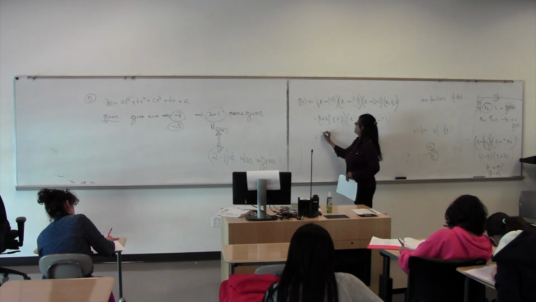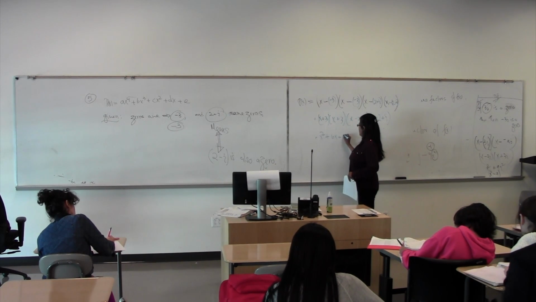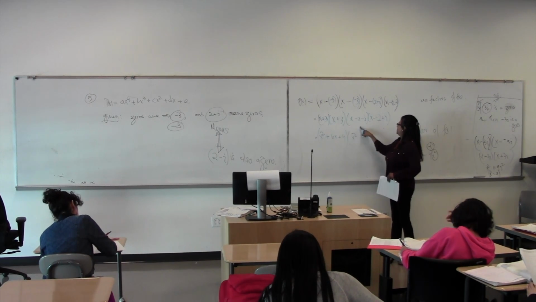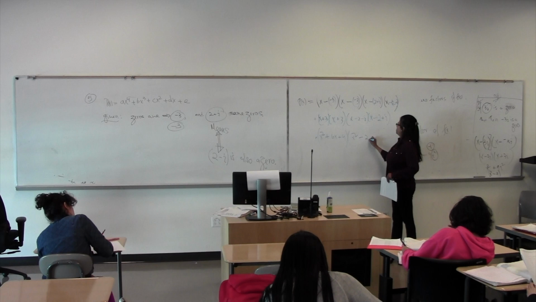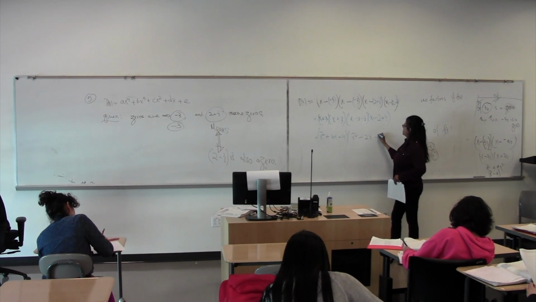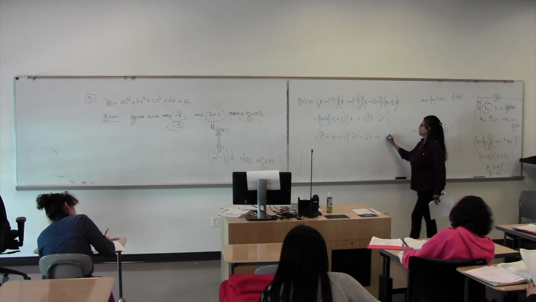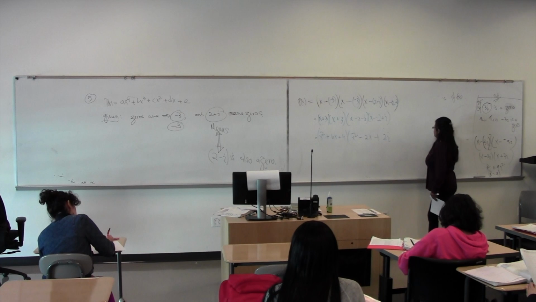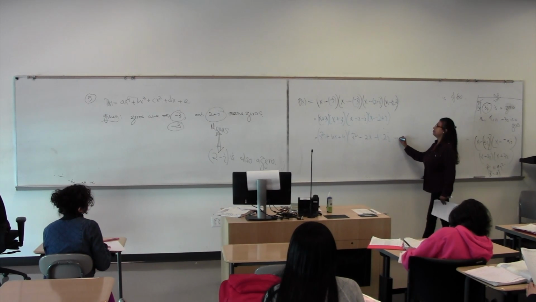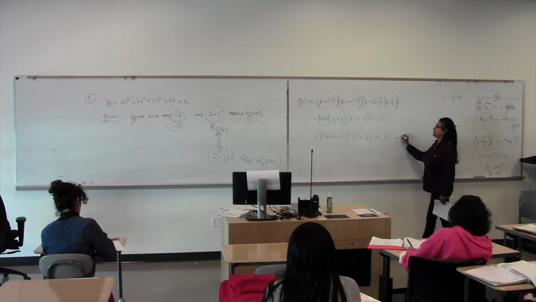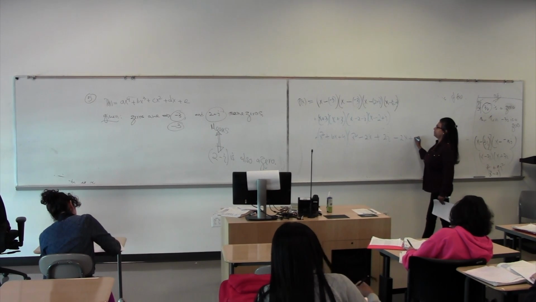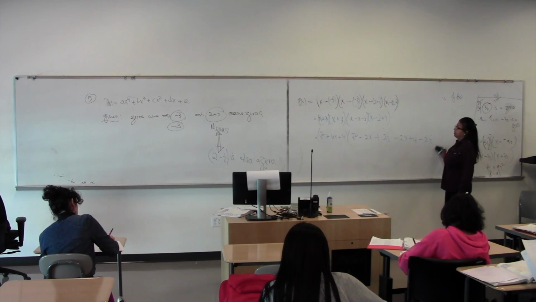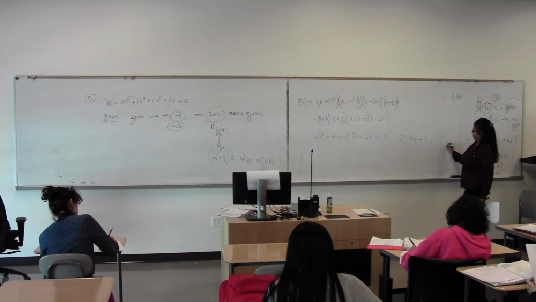So this will become x squared plus 6x plus 9. And this becomes x squared minus 2x, plus 2i x. Come on guys, help me out. What is it? Minus 2x plus 4, minus 2i, and then multiply everything by negative i.